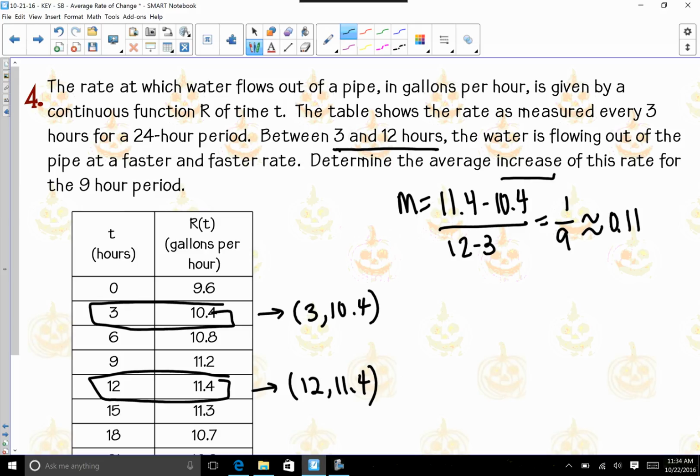So what we can say then, it wants to know the average rate of increase for this water flowing out of this pipe during this 9-hour period.